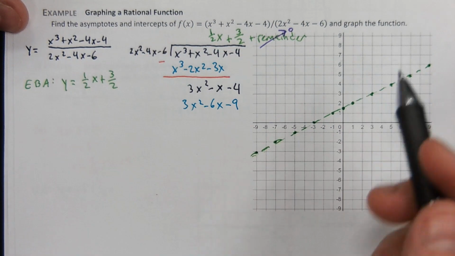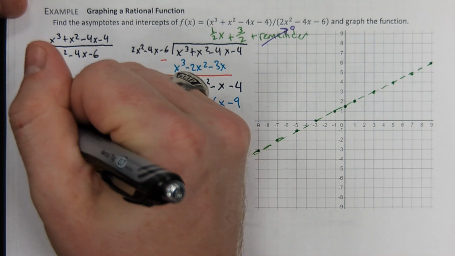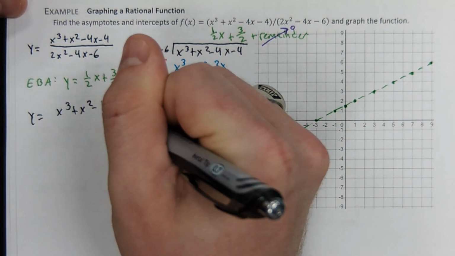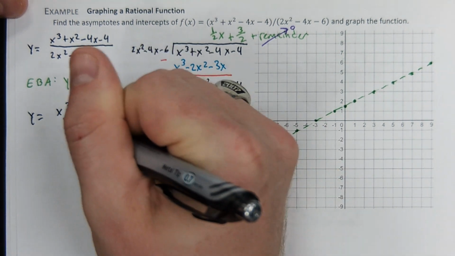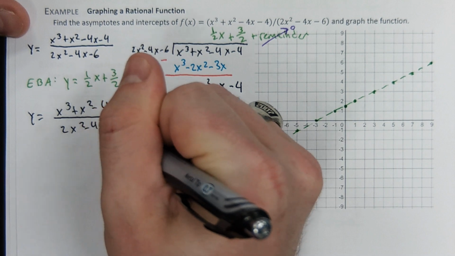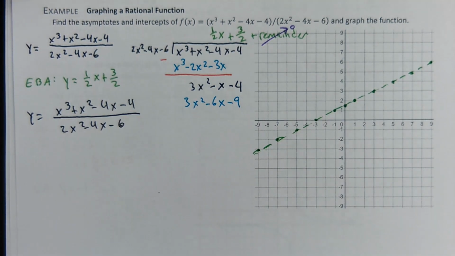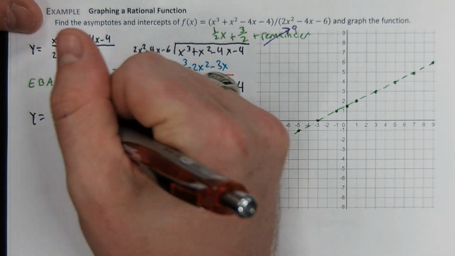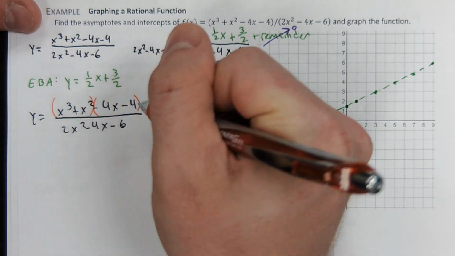I'll just rewrite it. I've saved a little bit of space already from period 1. Grouping. Time to artificially group some stuff. Like that.